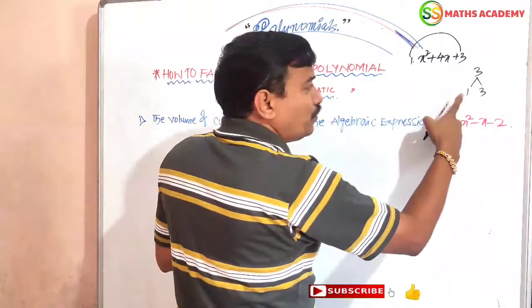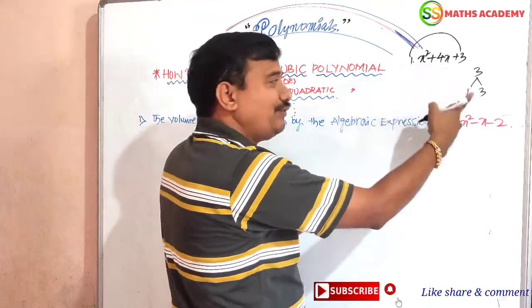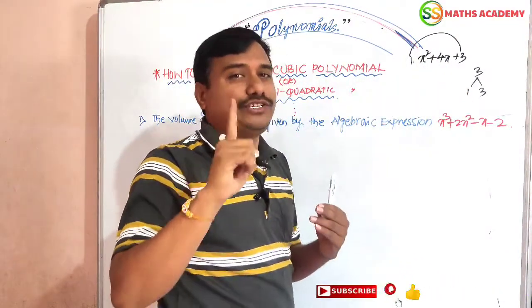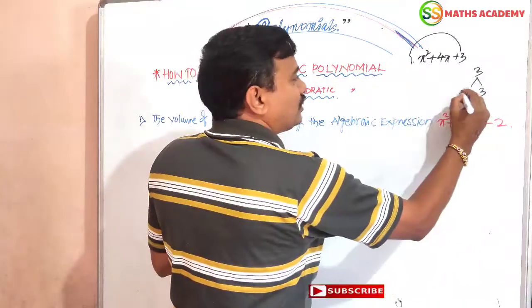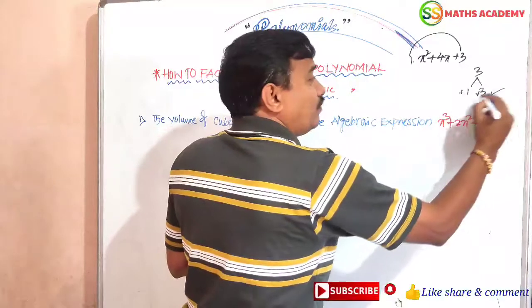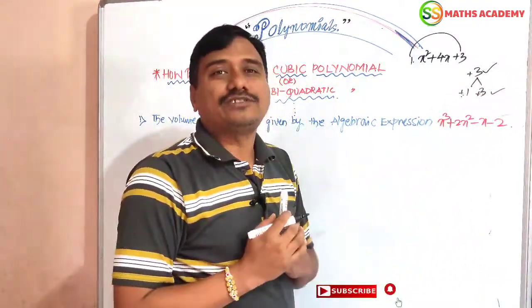Now if you add these, you should get the coefficient of x. Here plus 1 plus 3, nothing but plus 4, satisfied. And plus 1 into 3 also, the condition is satisfied.